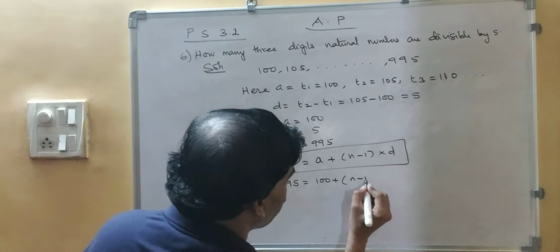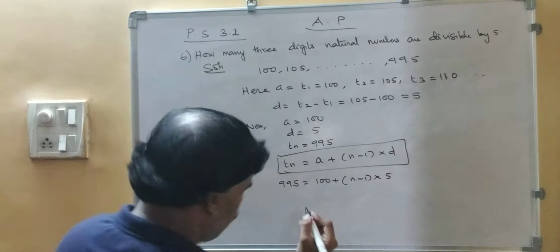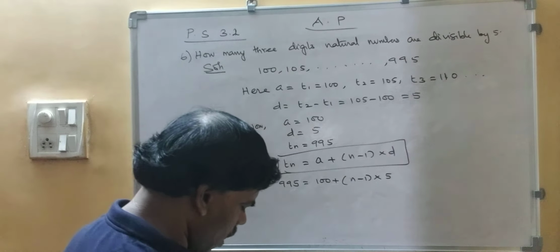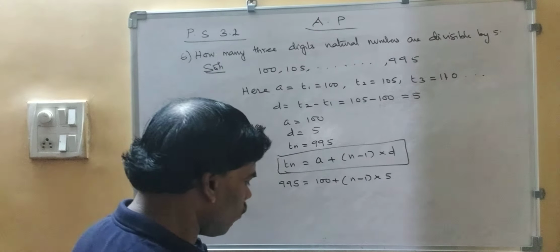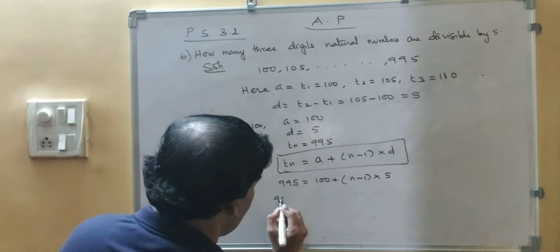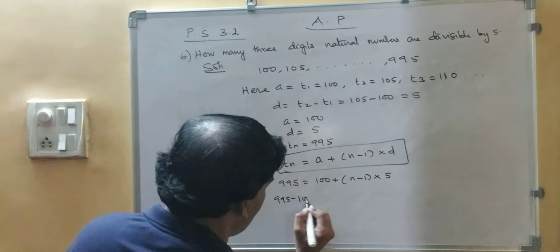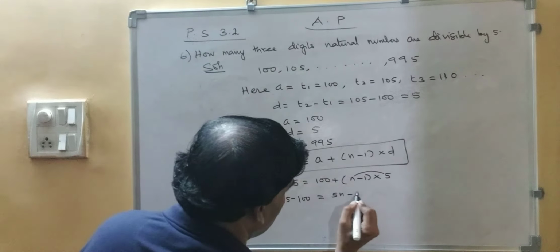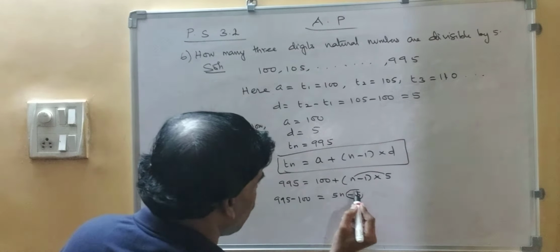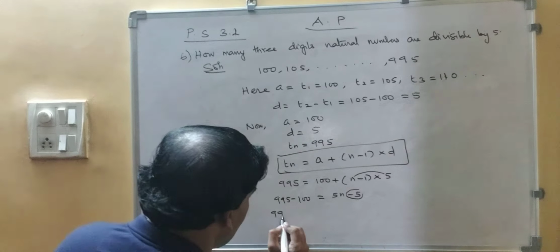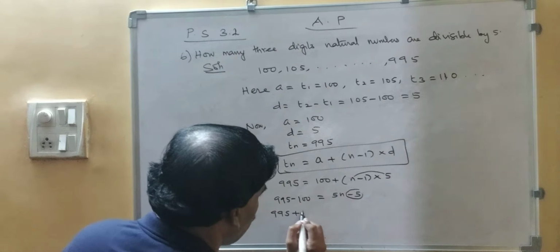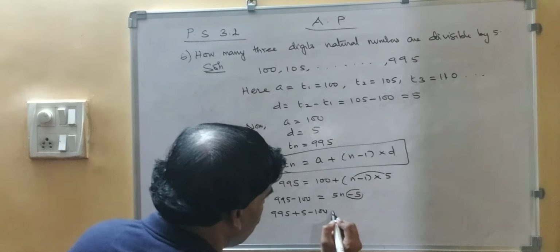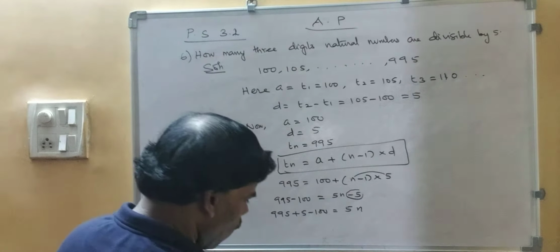We don't know. What is the difference? 5. So, now here 995 minus 100 equal to 5n minus 5. This minus 5 also you can take it here. 995 plus 5 minus 100. So, it is equal to 5n.